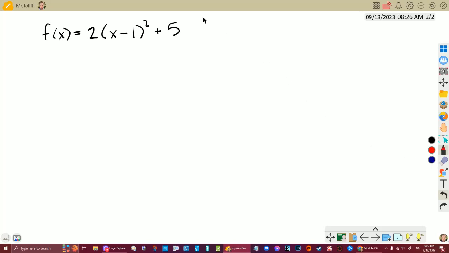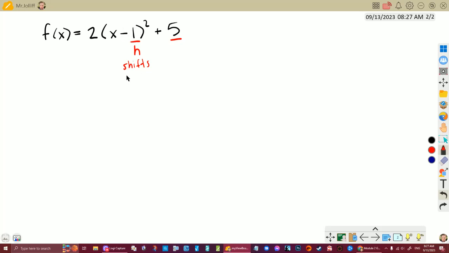So we know that h and k control translations or shifts in the parabola. So h tells us whether the curve is to the left or the right. In this case, h has the opposite sign in the equation, so h is 1.